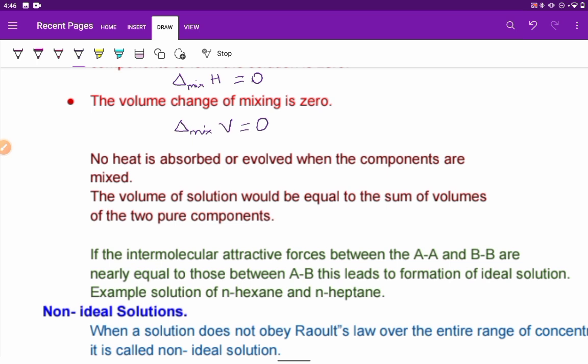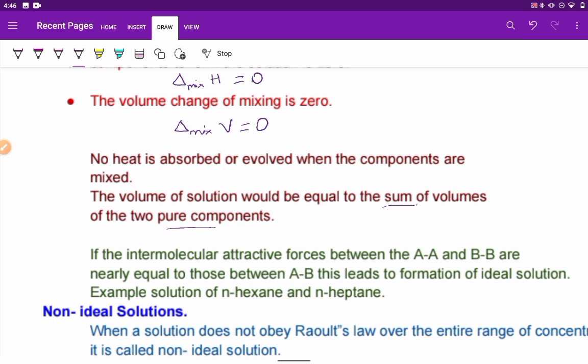Means if we are using the components A and B, then the volume of component A plus the volume of component B will be equal to the volume of the solution. So if you just add them, the volume of the solution would be equal to the sum of volumes of the two pure components which we are adding.